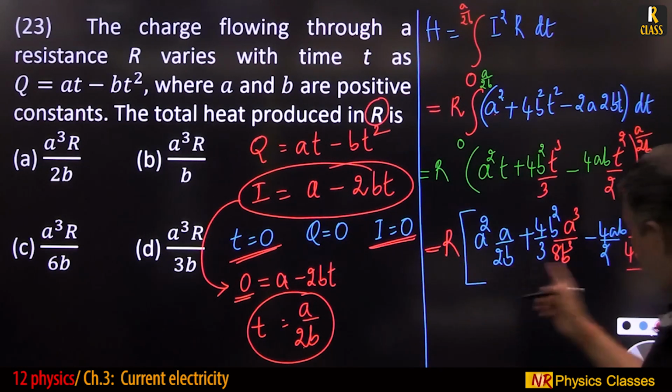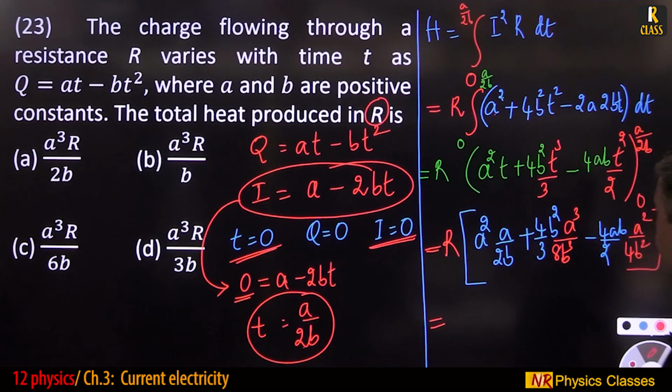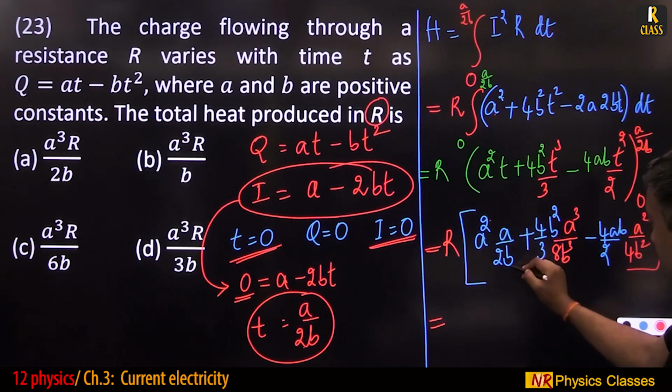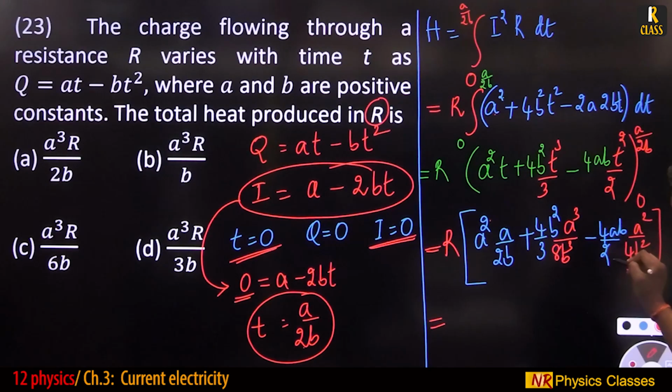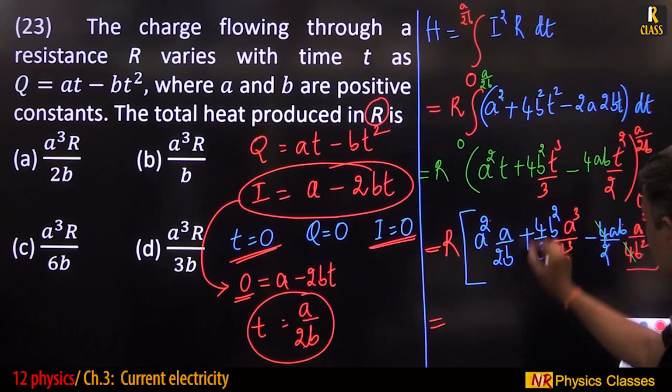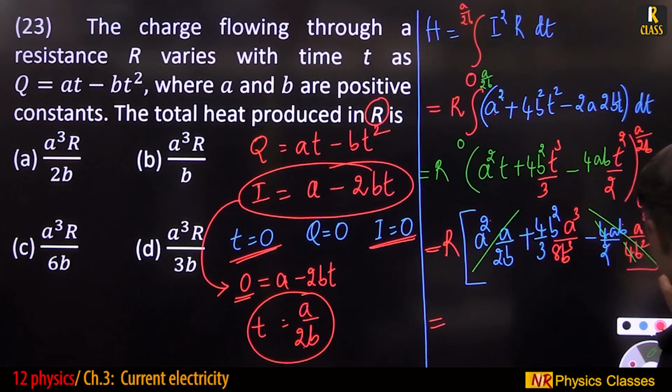Now simplify carefully. A cube by B, A cube by B, A cube by B. 4, 4 gone. Half, half. This cancels with this.